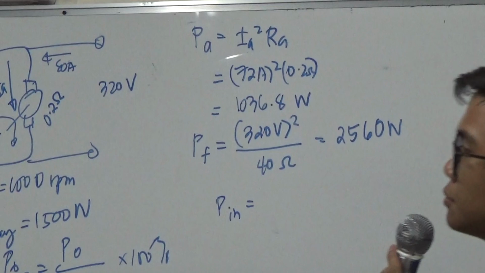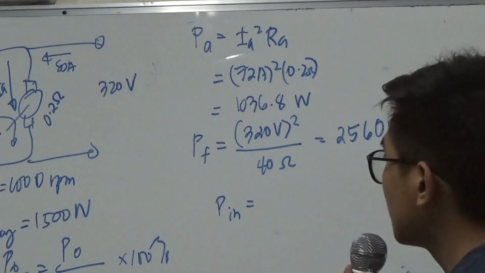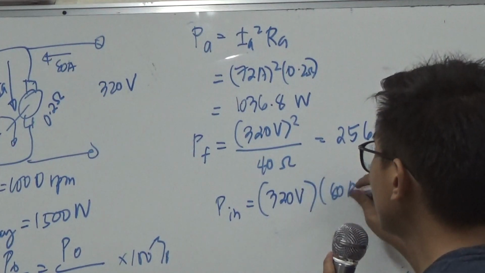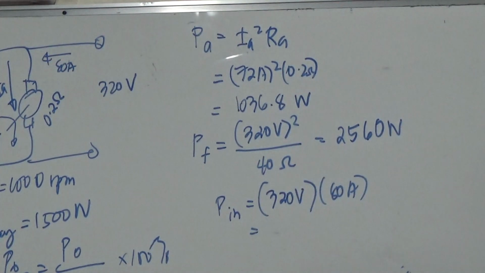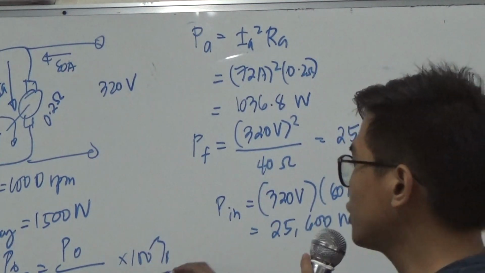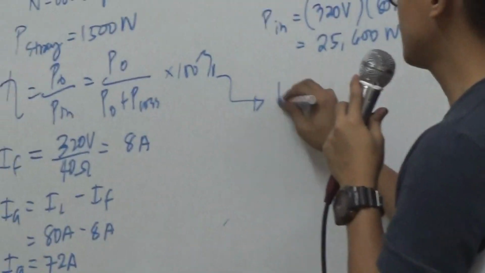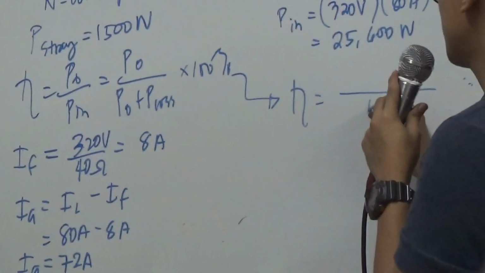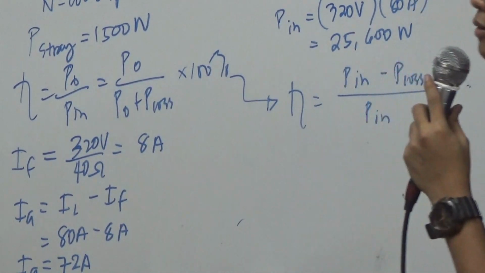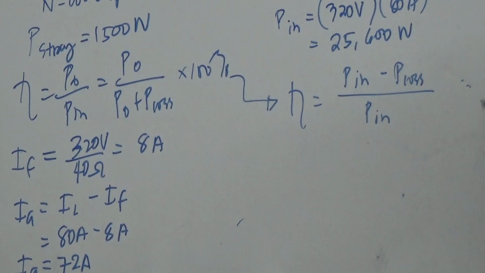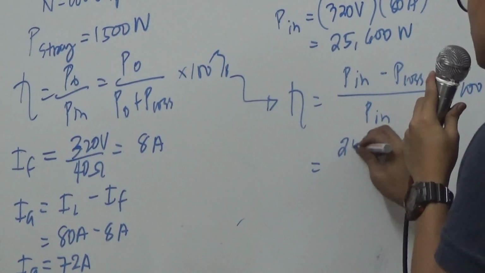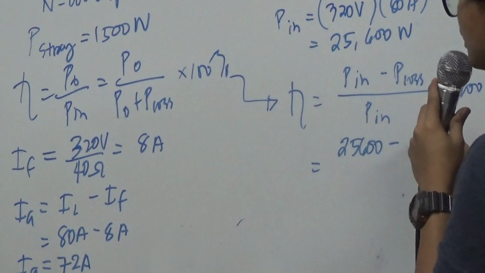Ano yung power input? 320 volts multiplied by the current of 80 amperes. 25,600 watts. So ito, ibayin natin yung formula natin. So efficiency na would be dapat yung power input lang. So P in minus P losses. Times 100%. So P in is 25,600 minus the P losses.